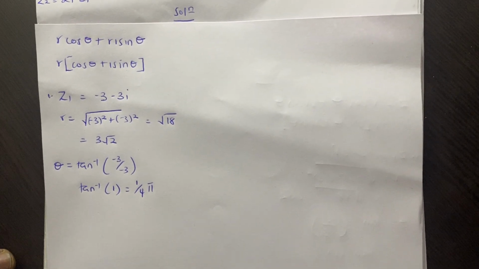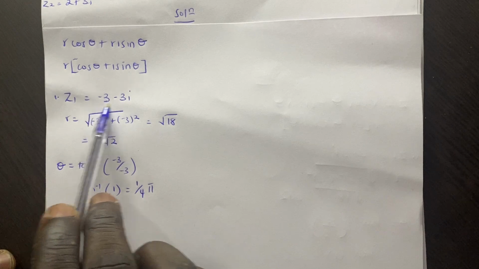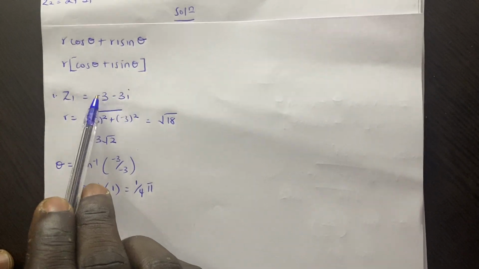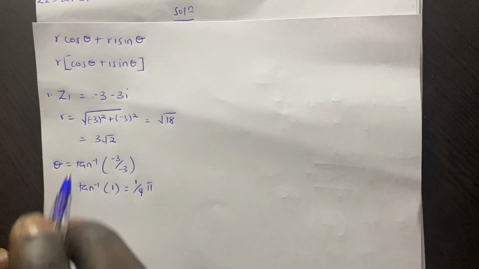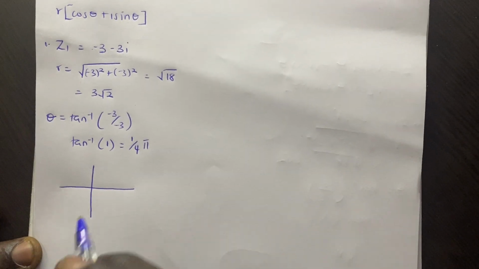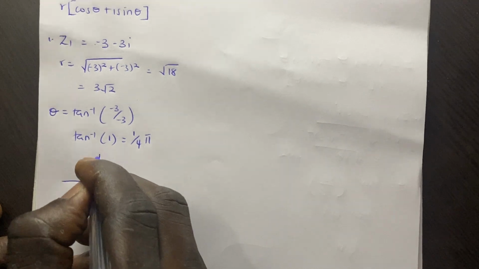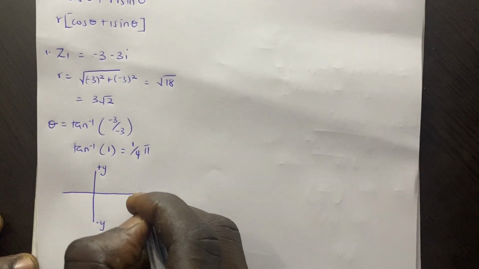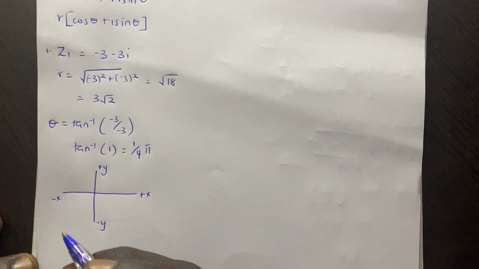But then interestingly, we are looking at this rectangular form using its signs. So let's draw our graph and see how it's going to look. When you have a graph like this, we know that here is the positive y axis, this is the negative y axis, here is positive x, and here is negative x axis.